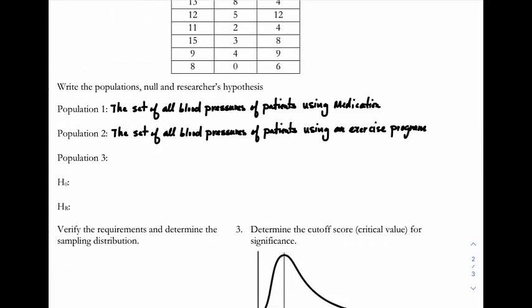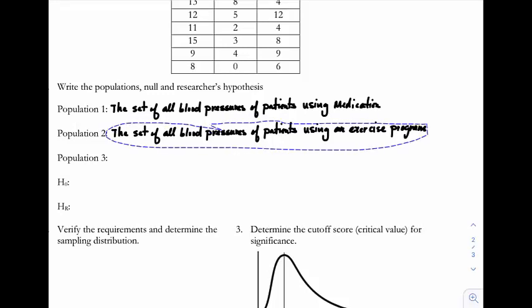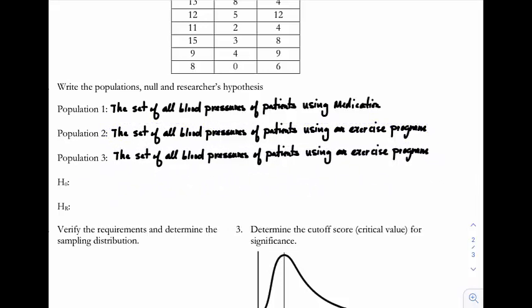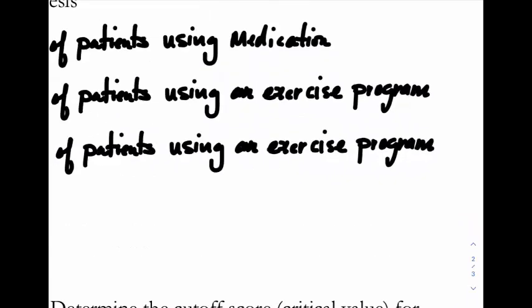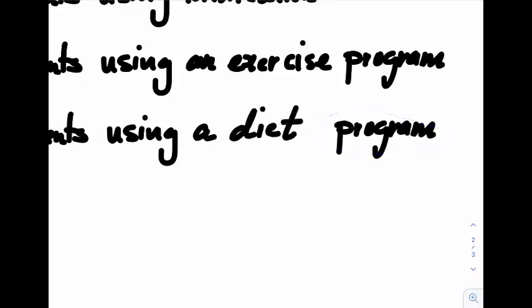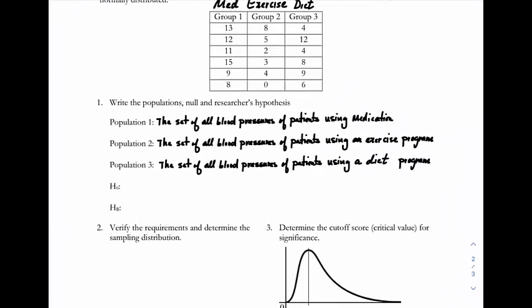And then the last one is a diet program. So you got medication, exercise, and then diet. I'll just put here, changing that to using a diet program. Done. Okay.